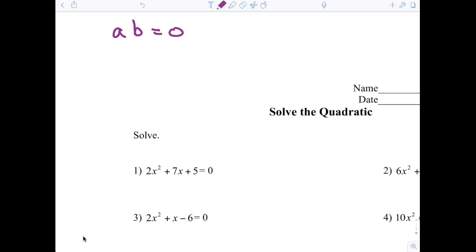If A times B is equal to 0, what has to be true? Max. Very smart, right? One of them has to be 0. Did I agree with that? Either A has to equal 0 or B has to be 0. Did I agree with that? Because why? 0 times anything is what? 0. All right, so if you understand that concept, then today is super, super easy.